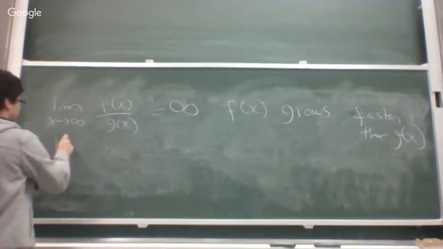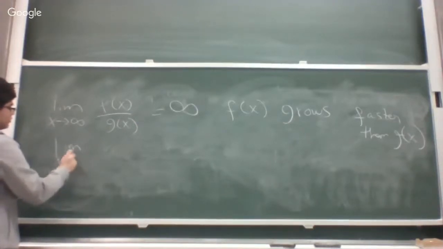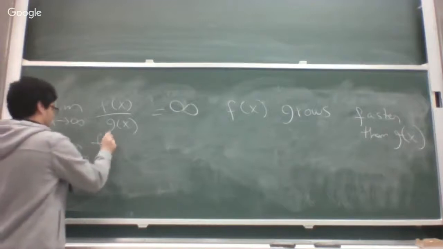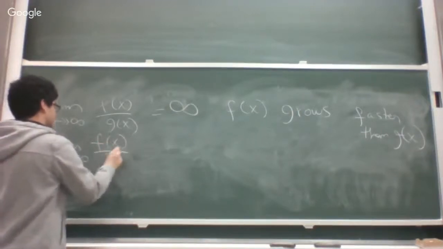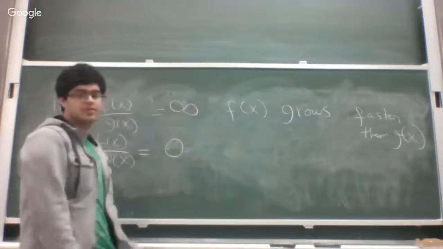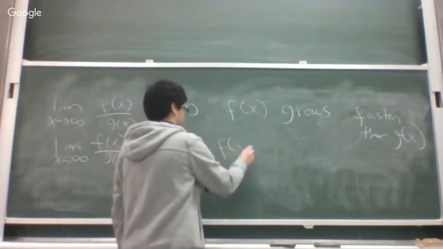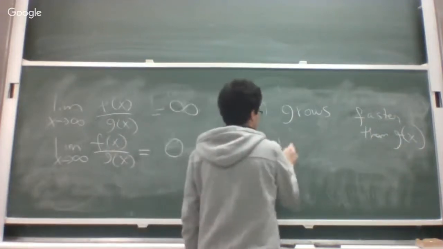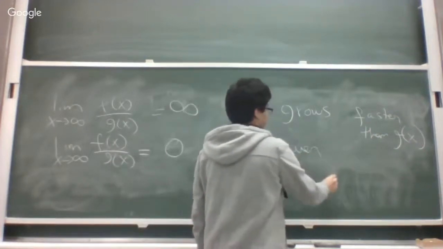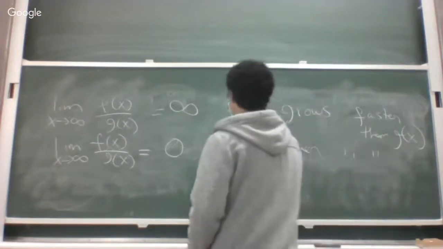If we get the limit as x goes to infinity of f of x over g of x equal to 0, then what happens? f of x is slower than g of x.